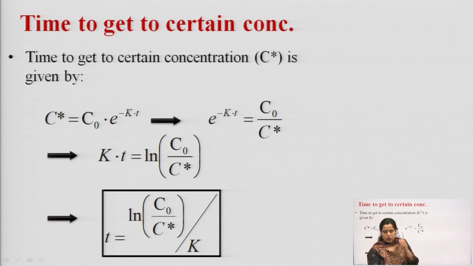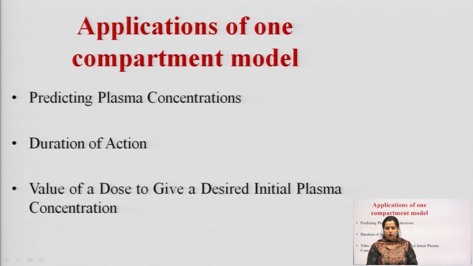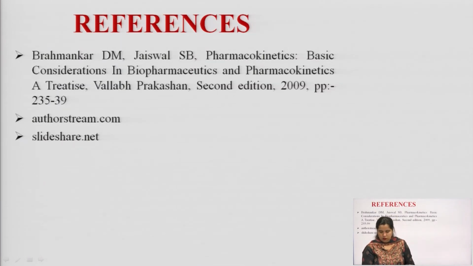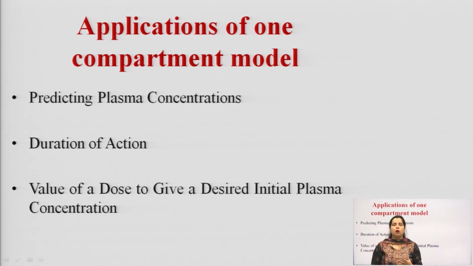So, through this, we can calculate what concentration is remaining within the system. Applications of the one compartment model: predicting plasma concentrations, duration of action, and the value of dose to give a desired initial plasma concentration. So, basically for identifying plasma concentration and area under the curves, we have studied this one compartment model.